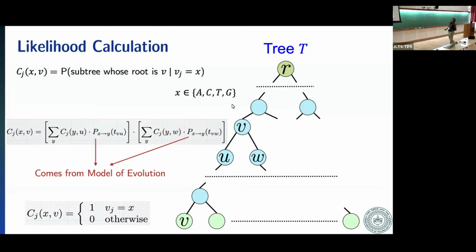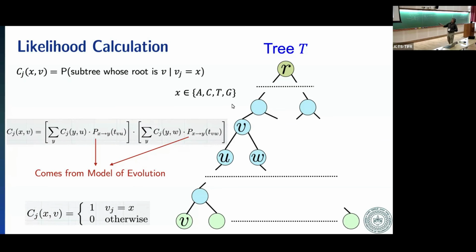By the way, these transition probabilities are actually coming from the model of evolution. Because any model of evolution you take, that can give us these transition probabilities. This is for one possible transition event, and because you are taking a summation, that means you are marginalizing over all possible transition events.